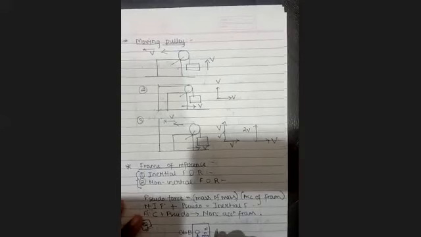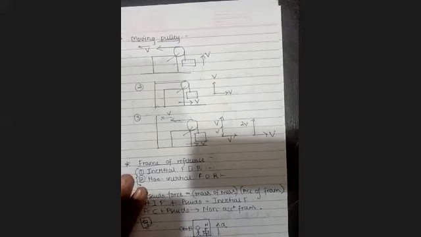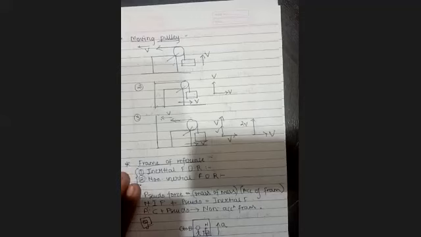Now, if this elevator is accelerating upwards, then we will put a pseudo force opposite to it, that is, downwards, which is ma. This is the pseudo force which we are applying on it.